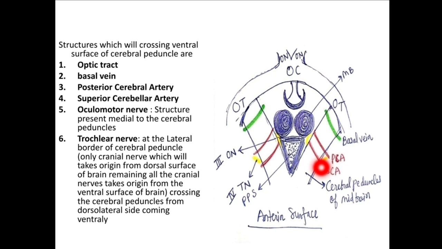It crosses the cerebral peduncle from the dorsolateral side and comes ventrally. From lateral to medial, the structures are the optic tract, basal vein, posterior cerebral artery, superior cerebellar artery, the oculomotor nerve along the medial border of the peduncle, and the trochlear nerve along the lateral border.